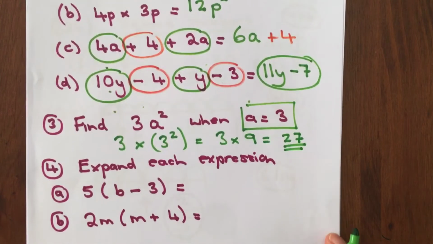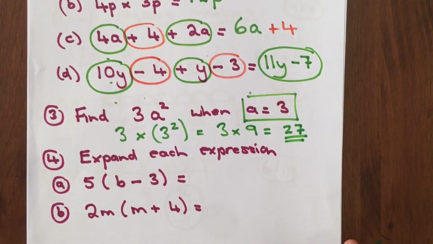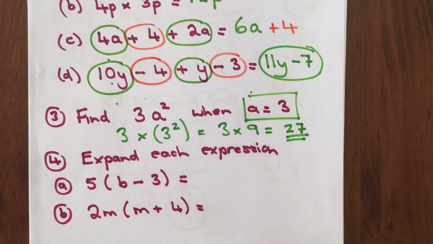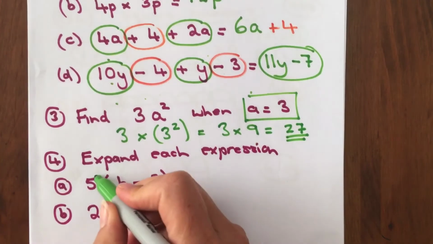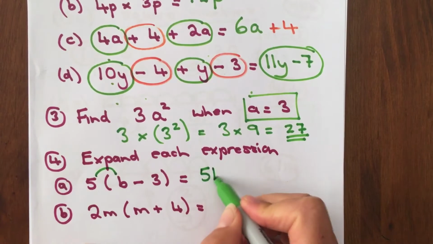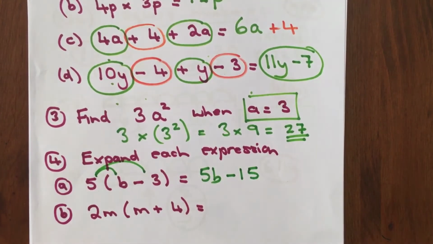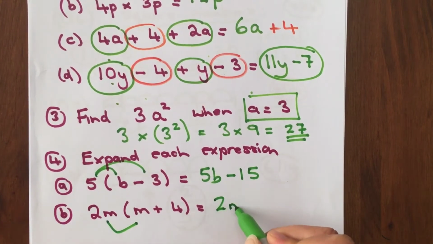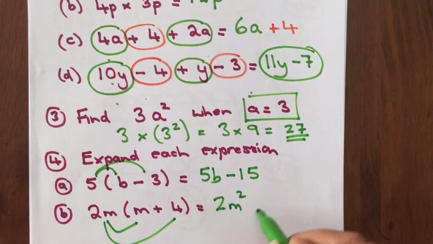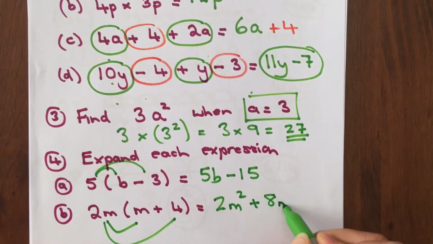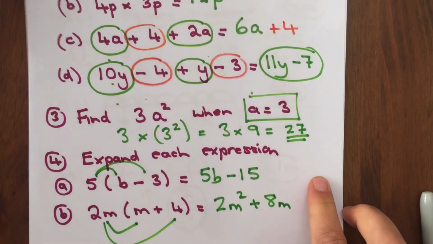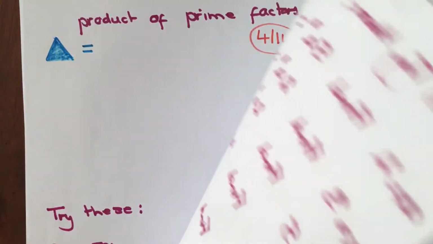Well, I didn't give you these two, expanding, but just to have a quick go at those now. 5 times b, 5b. 5 times -3, -15. 2m times m, 2m squared. 2m times 4, 8m. Those were ones that you also found difficult in the test. So well done for all that work you sent me yesterday.